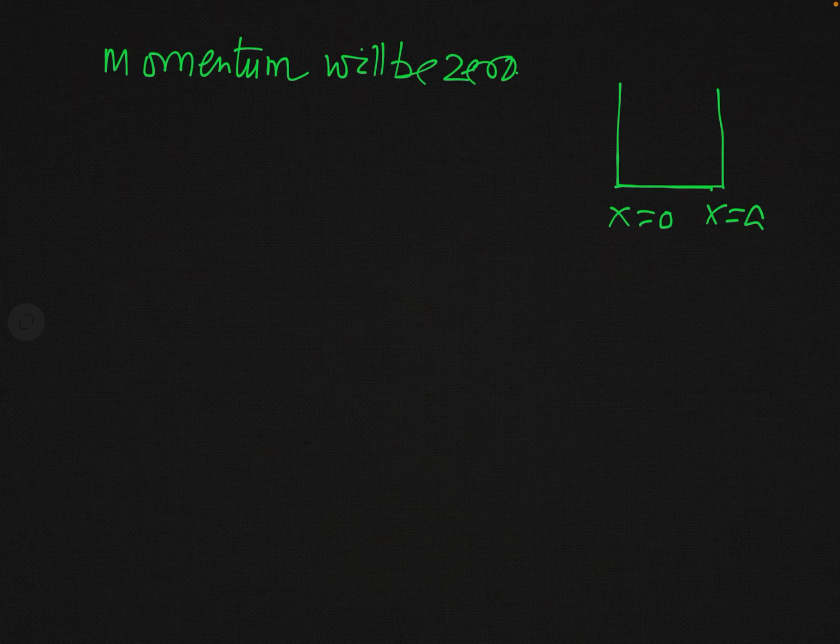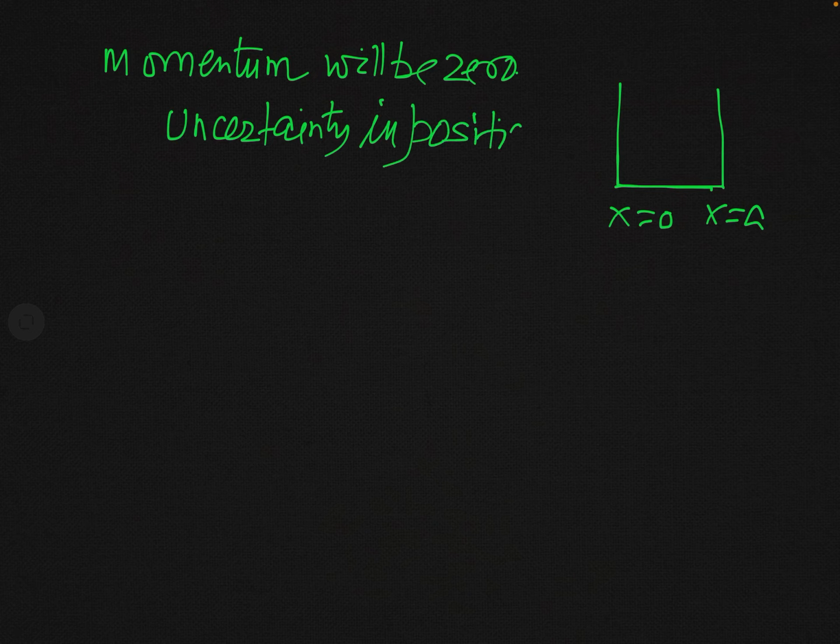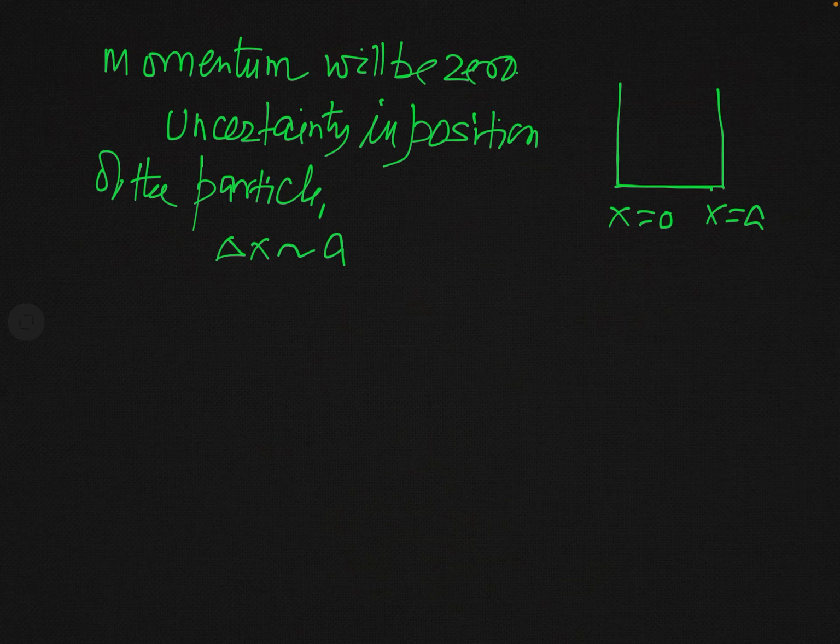So the uncertainty in position of the particle, if we denote it by delta x, will be of the order of a.